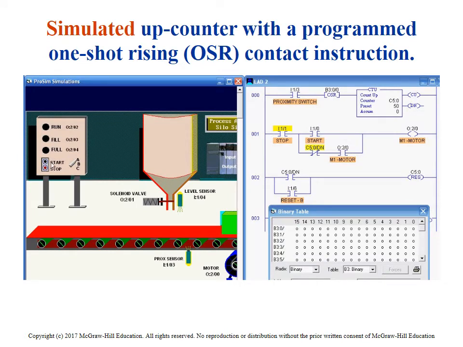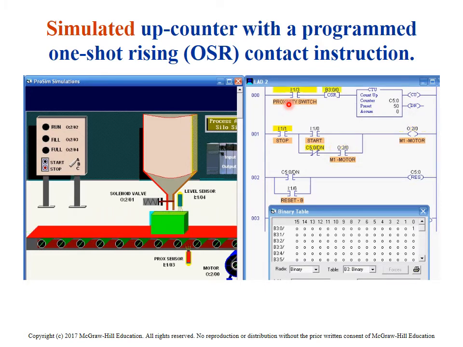And here's an example of how that's going to work for us. Notice how that one-shot is only coming on for one quick scan. In an application like this, do you have to use a one-shot? No. Why? Because this proximity switch isn't being triggered more than once.